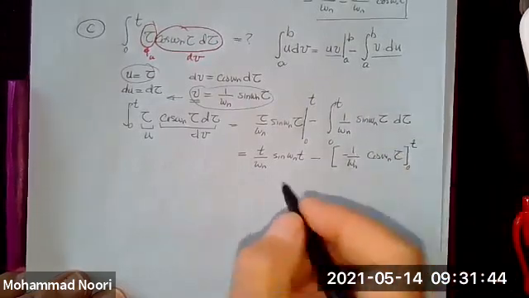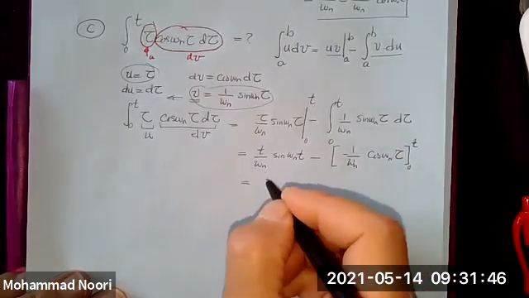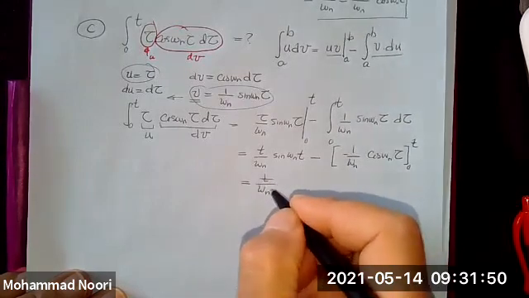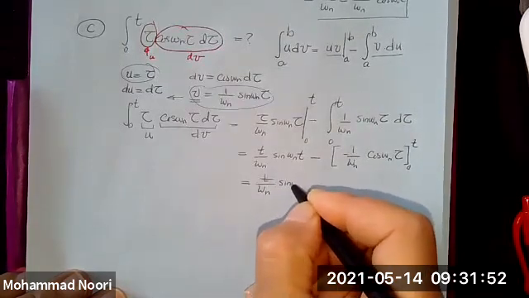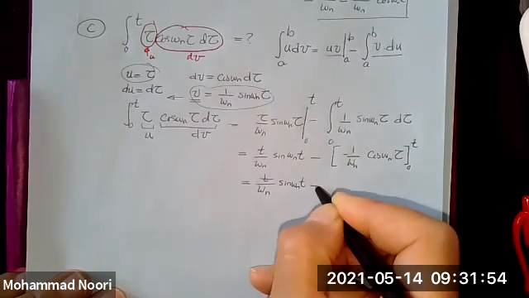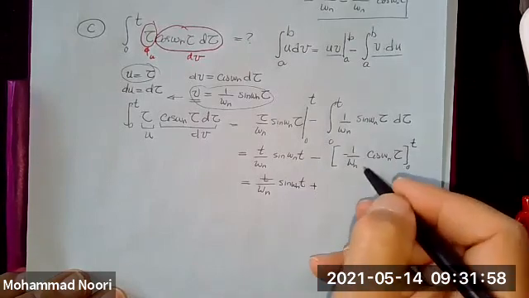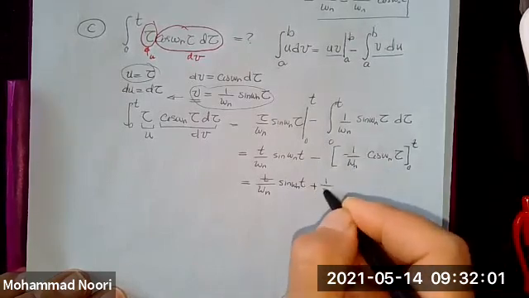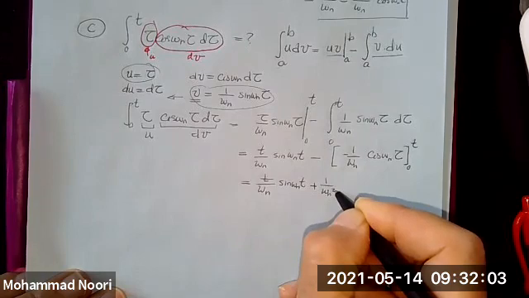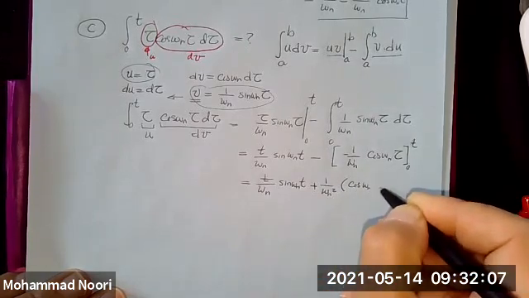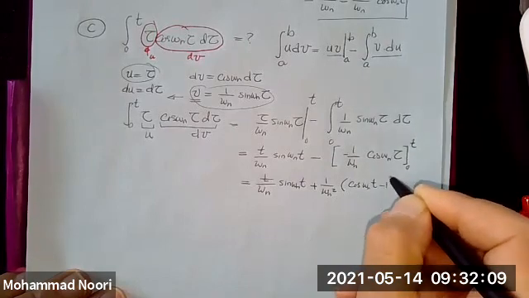So substitute for that, you get t over omega n sine omega n t plus 1 over omega n squared times cosine omega n t minus 1.